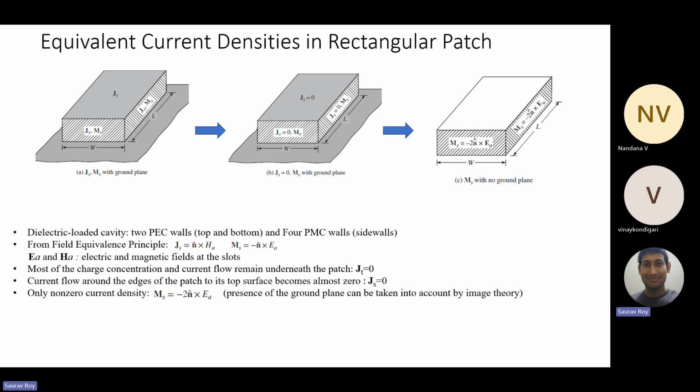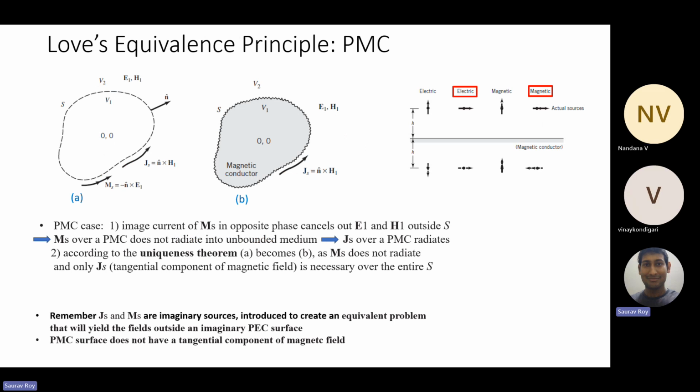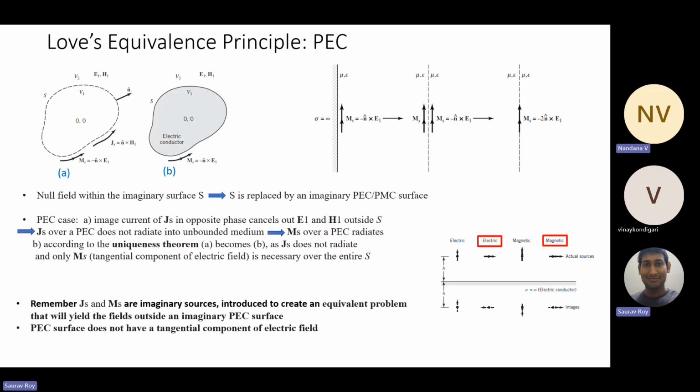So obviously that image will also have an image current due to the PEC. So that will add up and will give us the 2 n cross E. Yes, sir. Yeah, this is exactly coming from this picture, this one. PEC boundary. PEC, okay.